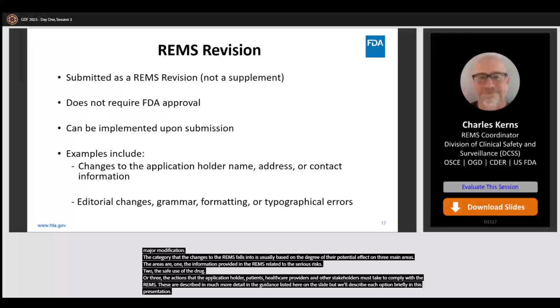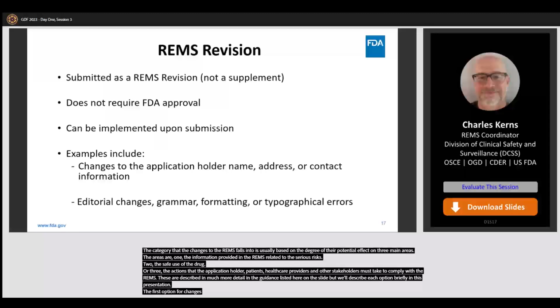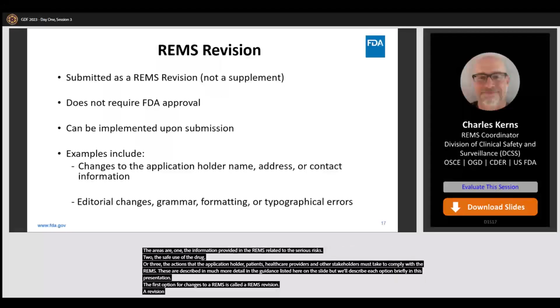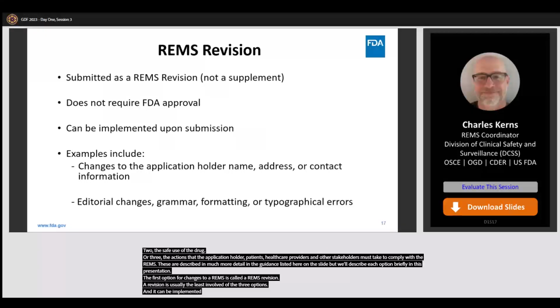The first option for changes to a REMS is called a REMS revision. A revision is usually the least involved of the three options, and it can be implemented after notification to the FDA as long as the changes are truly only a revision.